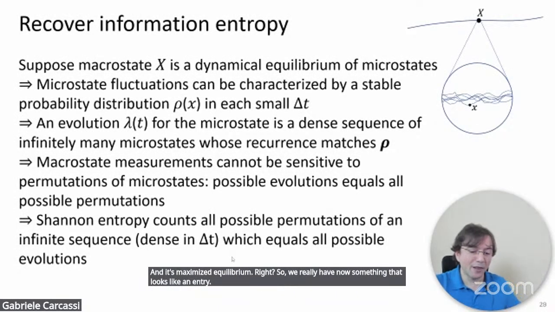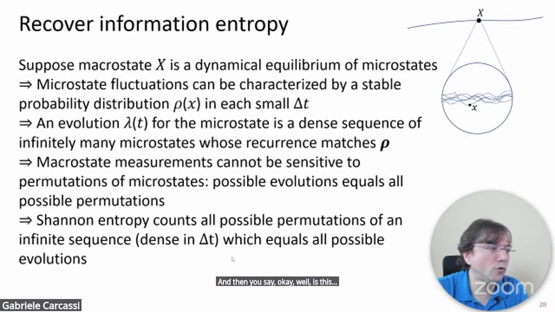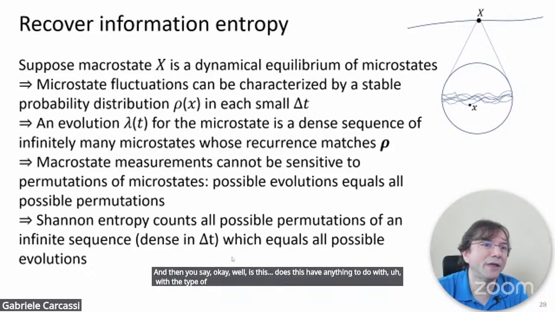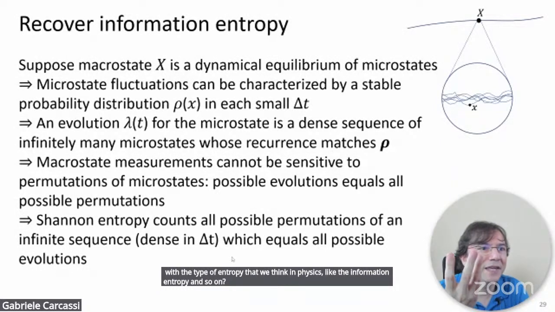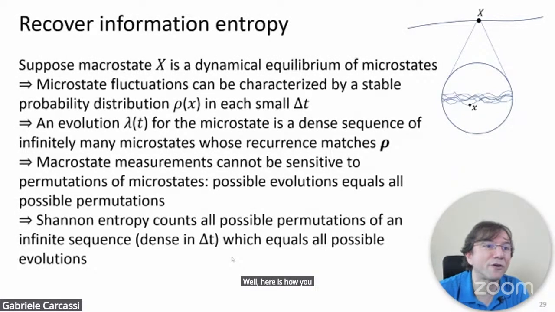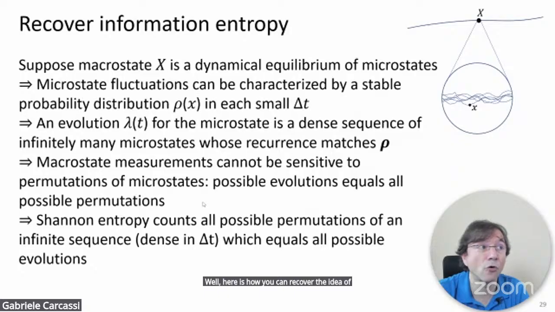And then you say, okay, does this have anything to do with the type of entropy that we think of in physics, like the information entropy and so on? Well, here is how you can recover the idea of the information entropy, the rho log rho. Suppose that a macrostate X is a dynamical equilibrium of the microstates.